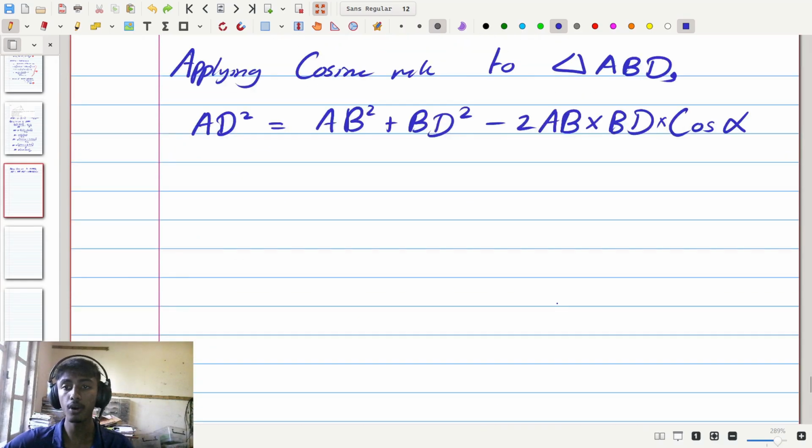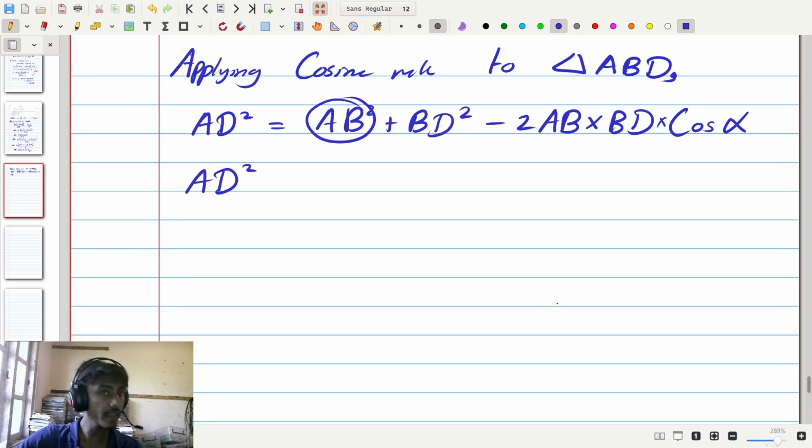So therefore AD squared is equal to AB squared plus BD squared minus 2 times AB times BD times the cosine of alpha. Now what we can do is to substitute in the values that we know for AB and BD and simplify this down.